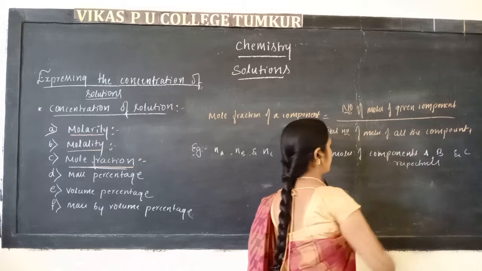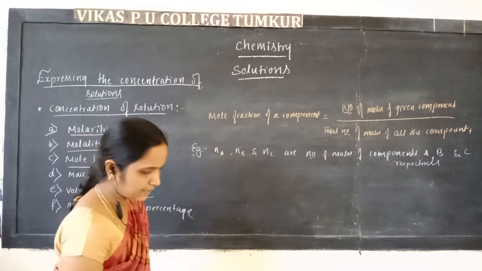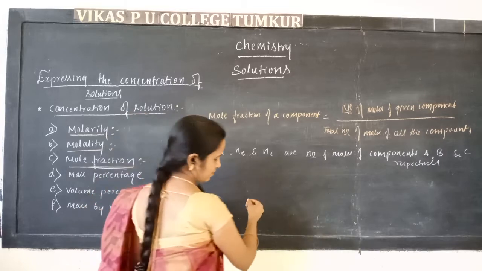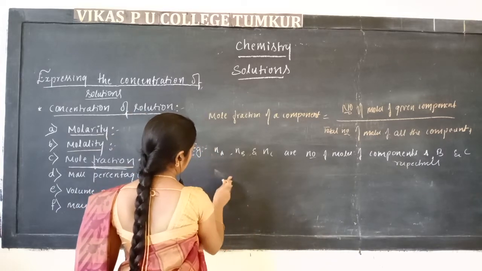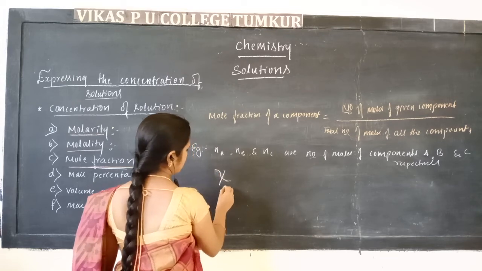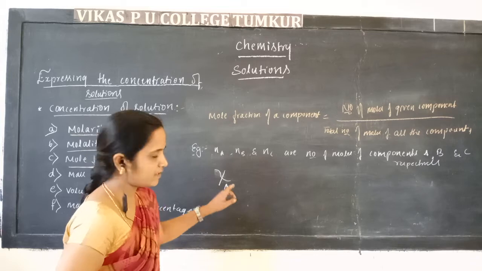If you need to find the mole fraction of component A, it can be written as chi A. Chi is the representation of mole fraction.